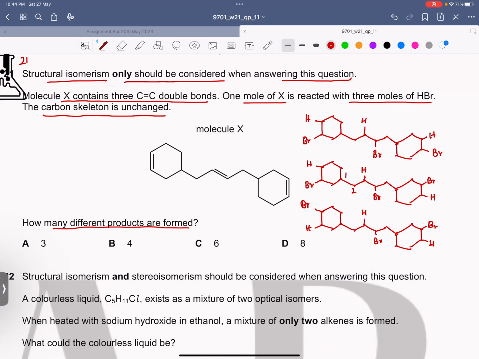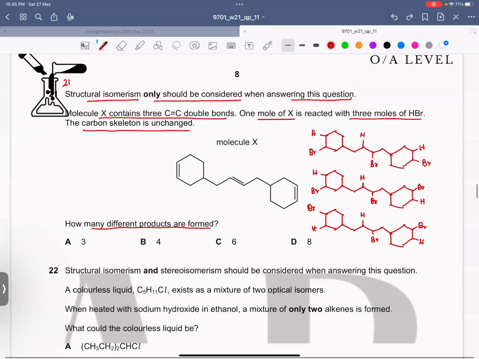This is carbon. So here it appears to be three possibilities only, which means that B, C, and D go wrong, and A is your correct answer. Okay.